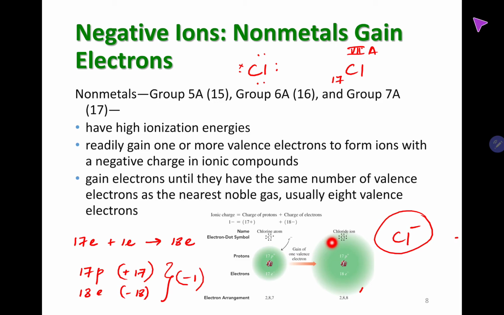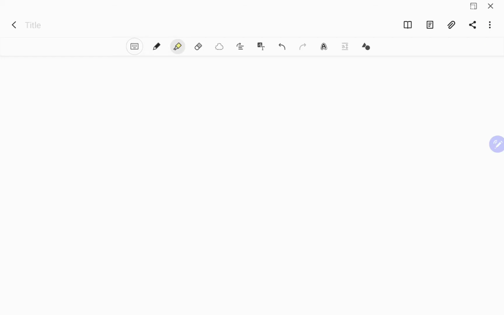Let's talk about another example. Let's talk about calcium. Calcium is in group 2A. That means we know that it has 2 valence electrons, because the number of valence electrons is equal to the group number.